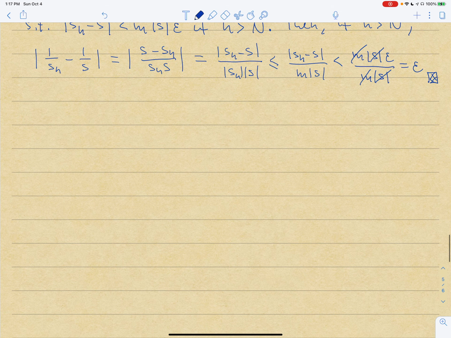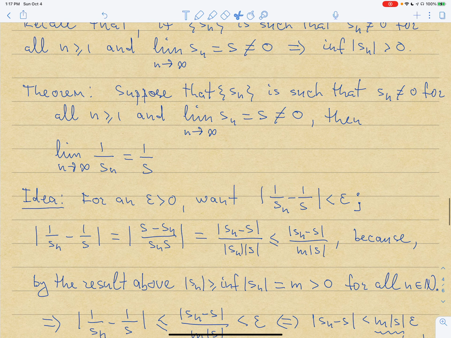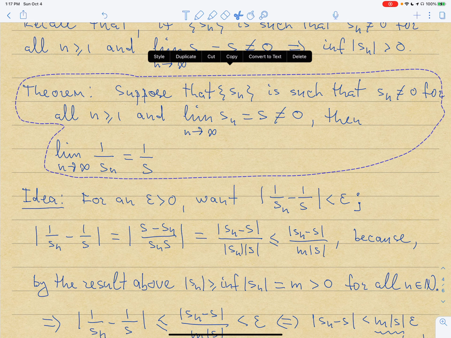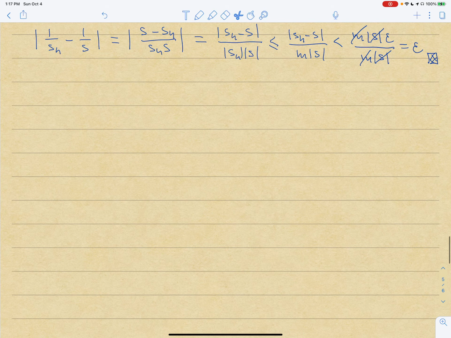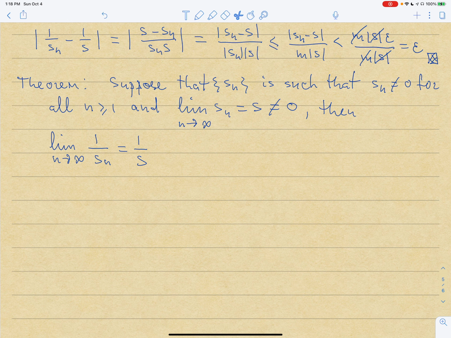Okay, so now let's prove the next theorem. I'm going to utilize exactly the same conditions as here. So if I know that the limit of 1 over Sn is equal to 1 over S, and if I know that the limit of the product is equal to the product of limits, then I can conclude something about the limit of the ratio of two sequences.